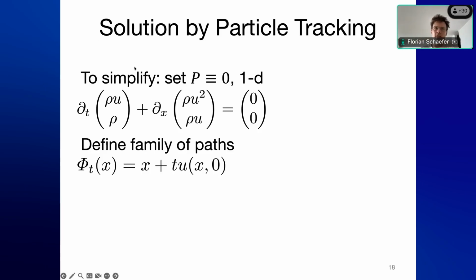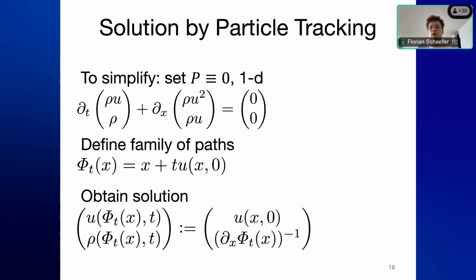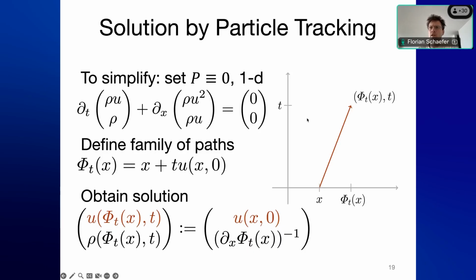So that's why it's x plus t times the initial velocity at that point. And then we can write this semi-closed form by what's called the method of characteristics, which simply means that to get the solution at the point phi_t(x), we simply trace back the particle that is passing through there right now to the initial condition, and that initial condition then gives us the velocity at that point.